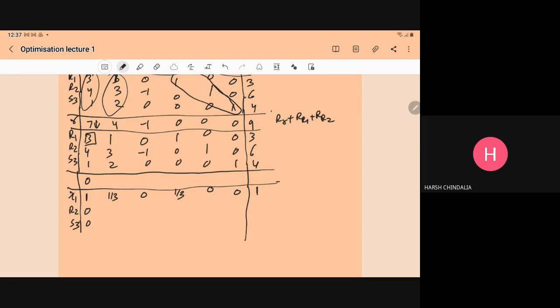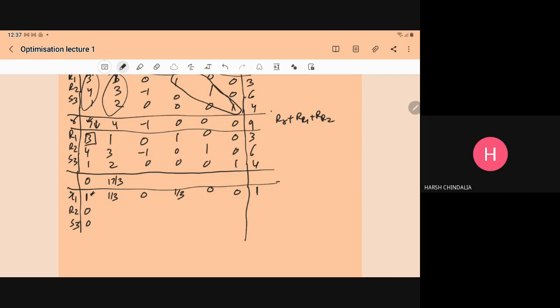Now we have to make this 7 a 0. So for making the 7 a 0, what we have to do? 7 minus 7 into this. So 4 minus 7 by 3 means 12 minus 7, 5 by 3.